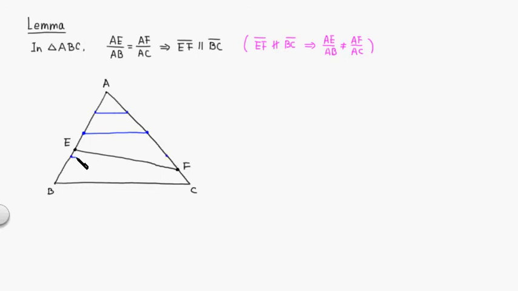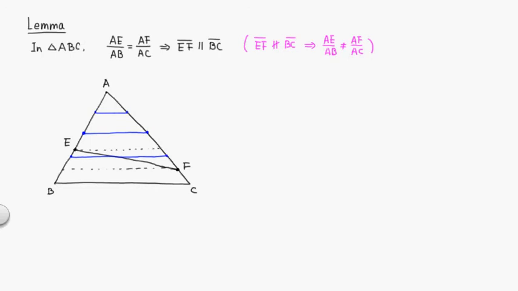And in this process, you can see that at some point, one of the midpoint connectors is going to pass through EF, right? We don't know how many midpoint connectors it takes, but it's eventually going to happen.